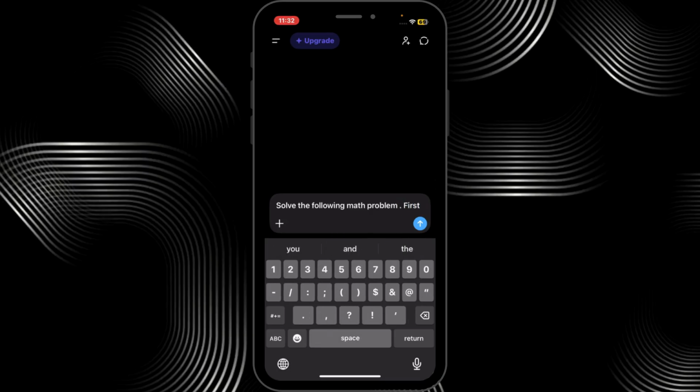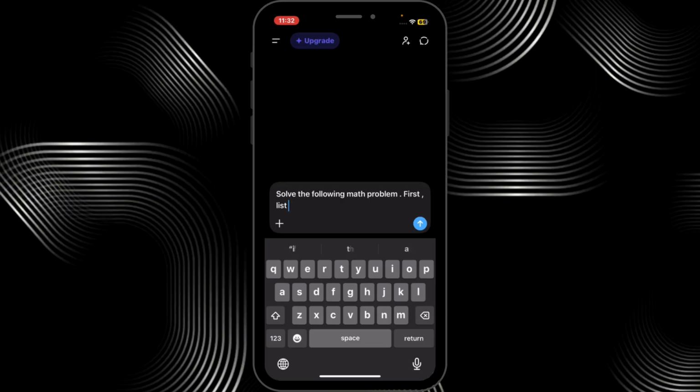First, list out the known variables. Second, outline the formula you will use.